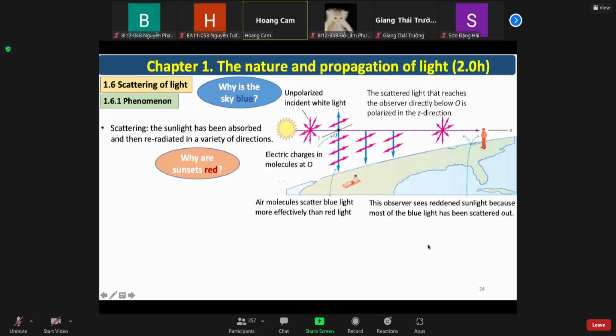This is due to a law that the intensity of the scattered light is proportional to the frequency to the power of 4. For red and blue, the wavelengths are about 760 nanometers and 380 nanometers. Taking the power of 4 and dividing, the blue light is scattered around 15 times more than the red light.